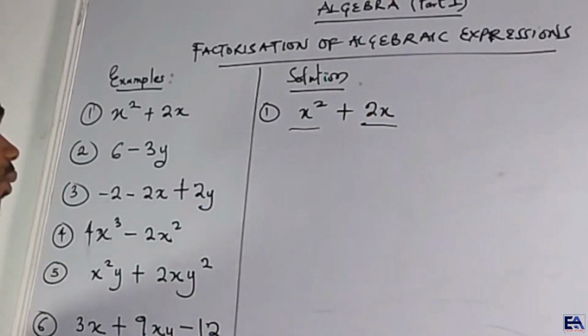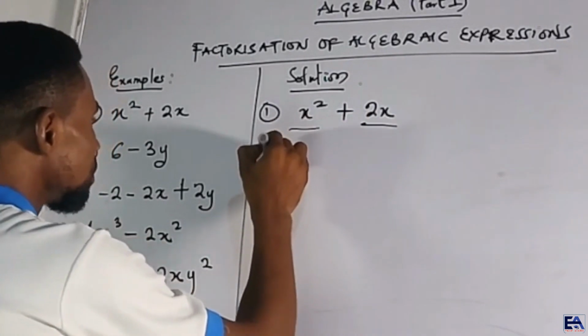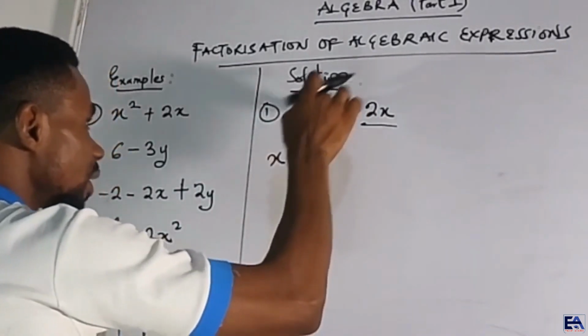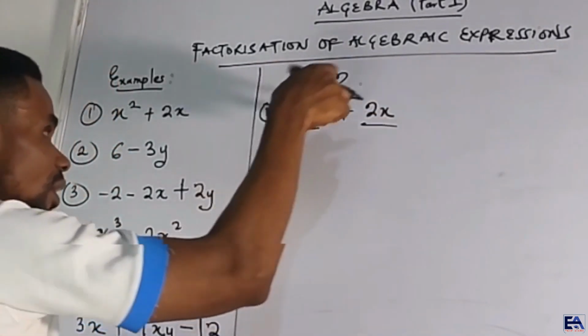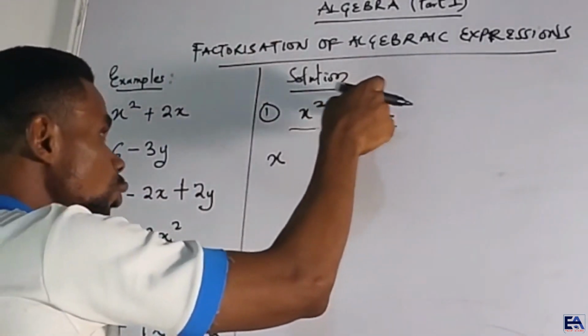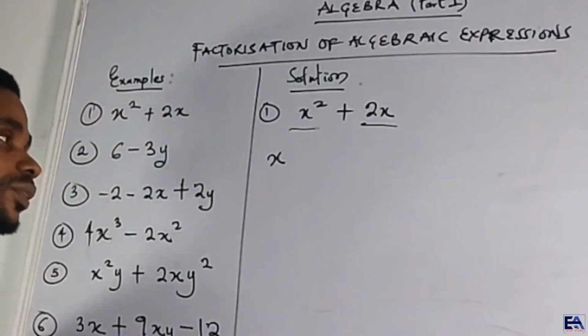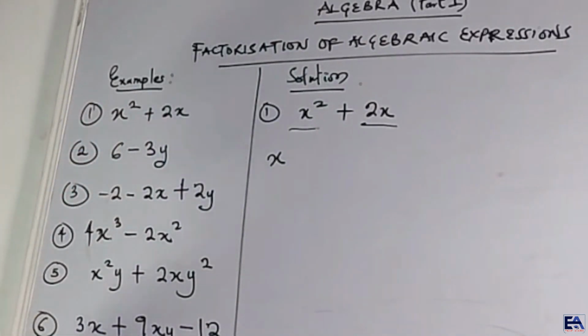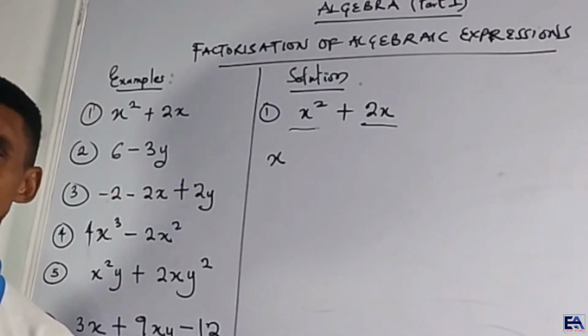So x is common, and we choose x as the common factor. Is that clear to you?